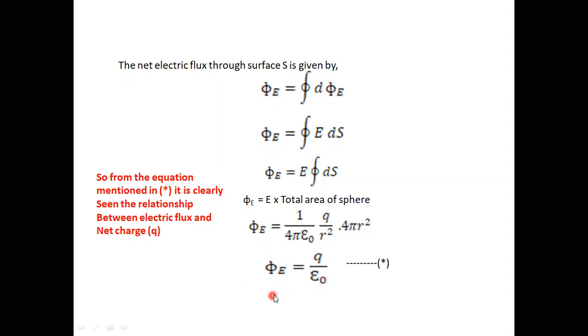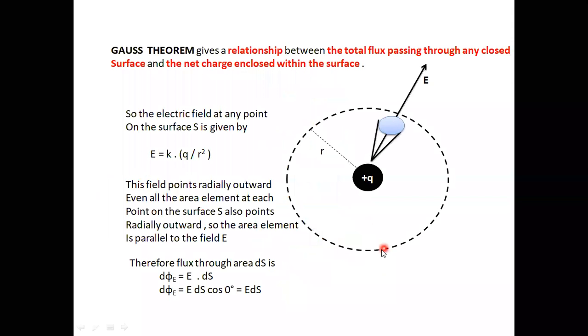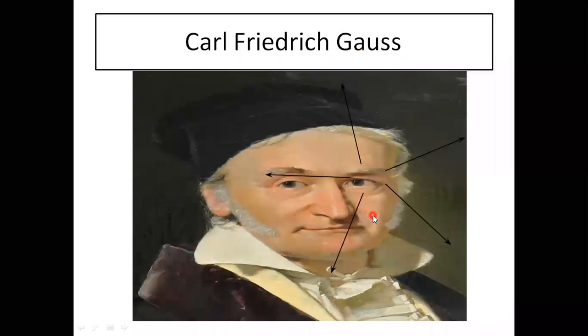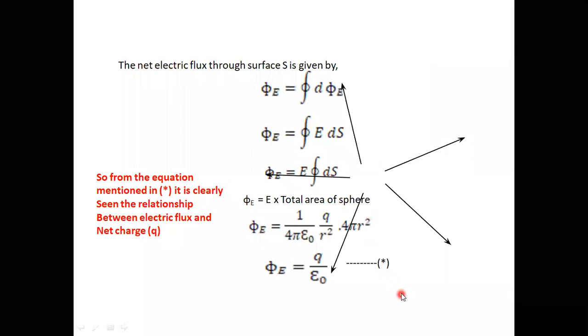So what we have understood is that if I take any charge that is going to generate some electric field through this Gaussian surface, and I want to know how many field lines are passing through this Gaussian surface, we can find it using this relation, which is nothing but q by epsilon naught.